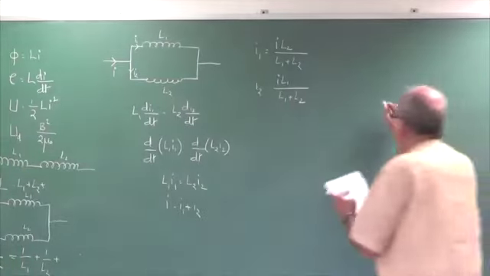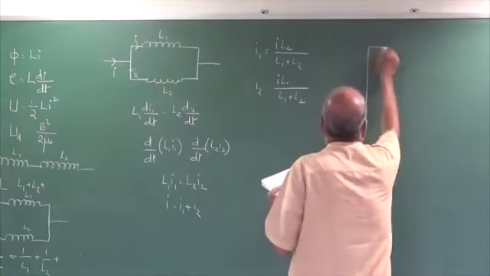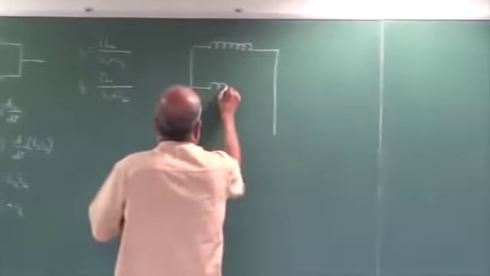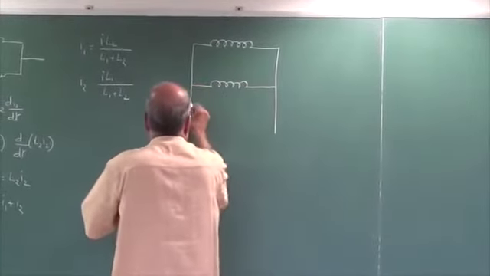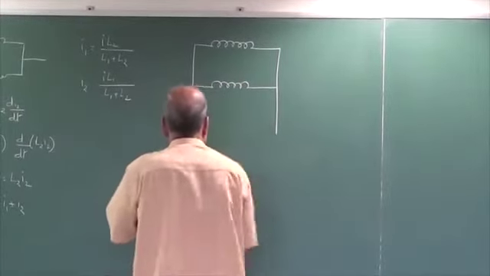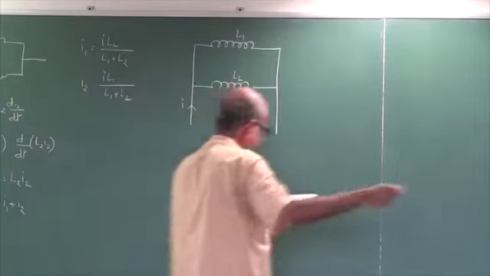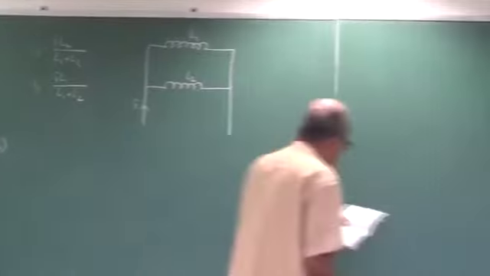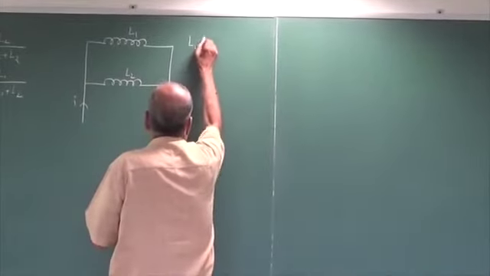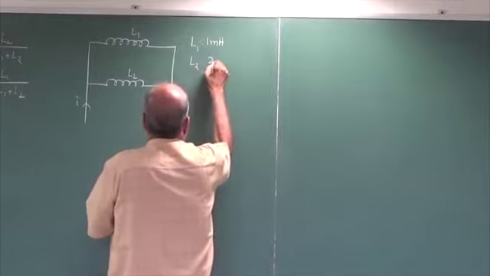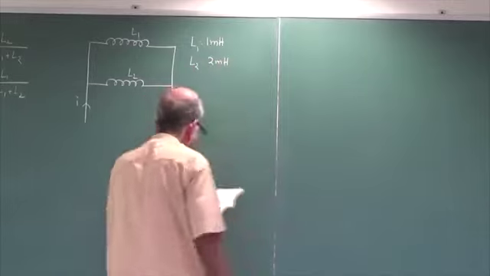Let's take a problem and see how we do it. Current I enters here. The values of inductances are L1 equal to 1 millihenry, L2 equal to 2 millihenries.